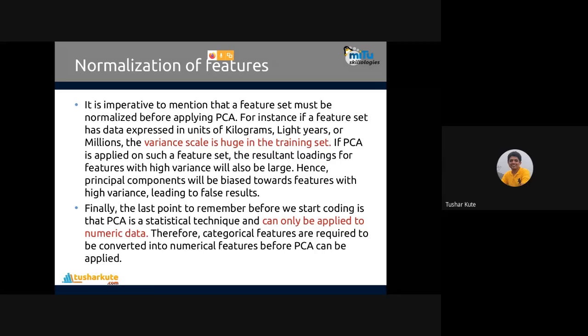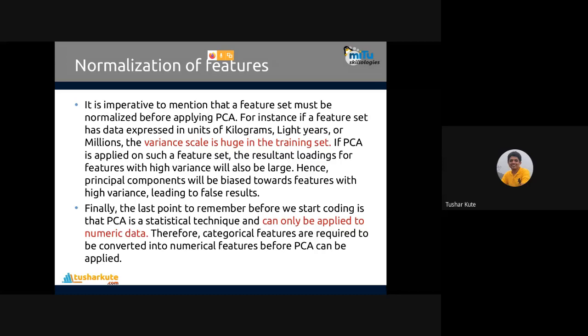So if the relationship changes, your output will change. But if your magnitude changes, the output must not change. Magnitude means the size of the data. And if magnitude is affecting the output, then we have to normalize the data.